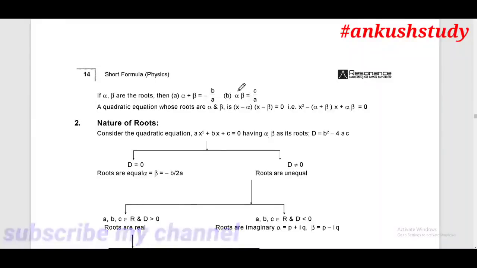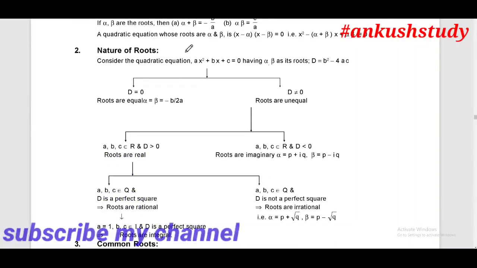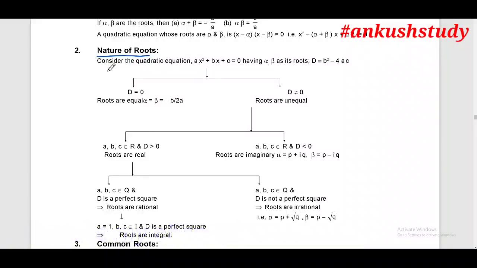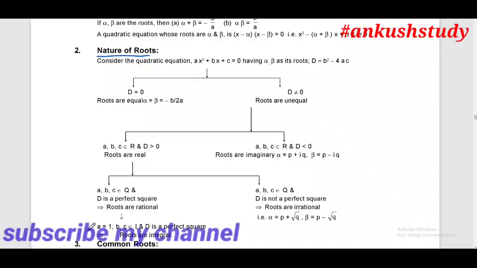Okay, and now there are some of the nature of the roots, meaning the roots are equal, unequal, or imaginary. Consider the quadratic equation, let's take an example, like ax square plus bx plus c is equal to 0, having alpha, beta as its roots, D is equal to b square minus 4ac. Okay, so now this is the full procedure we have explained.